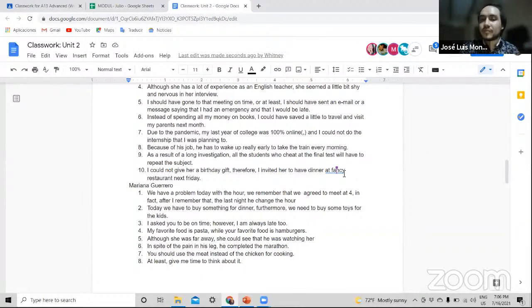So we have to use an article before fancy, because that article is not for fancy. That article is going to be for restaurant, right? At a fancy restaurant next Friday. And remember that we're going to use these days, months, right? Days of the week and months of the year, always with a capital letter. I think those are my corrections over here.